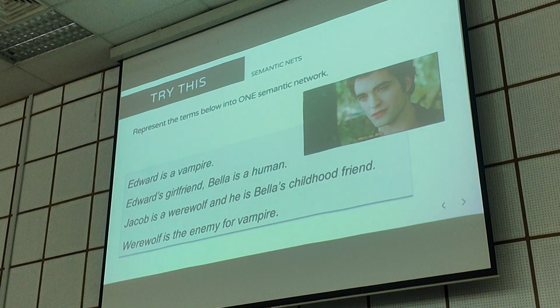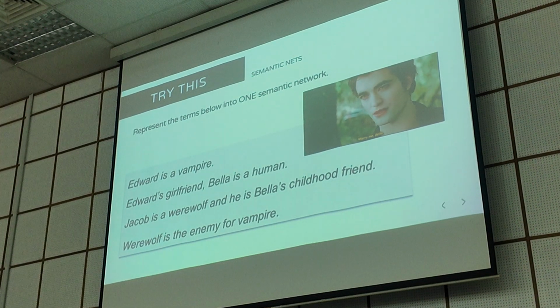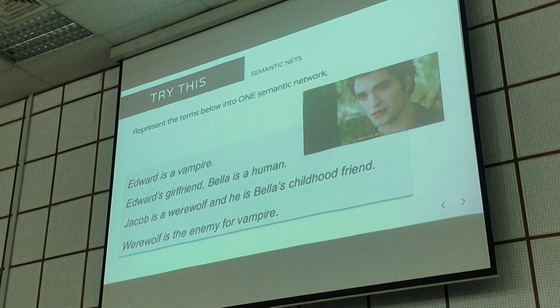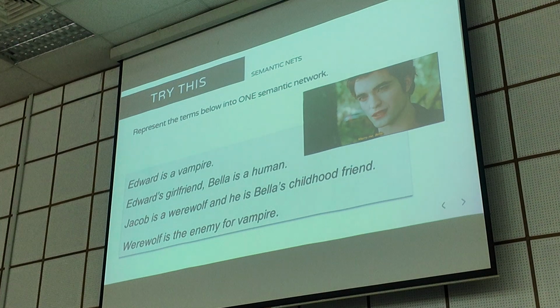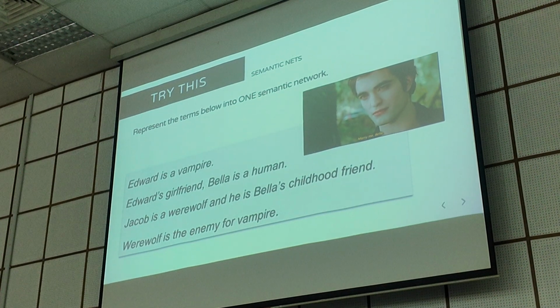Example, right? So it's example, then we put instance. Instance, vampire. Very good. First sentence done. Edward's girlfriend Bella. So you have another concept here. Bella is a human. So we have Bella. We have human.